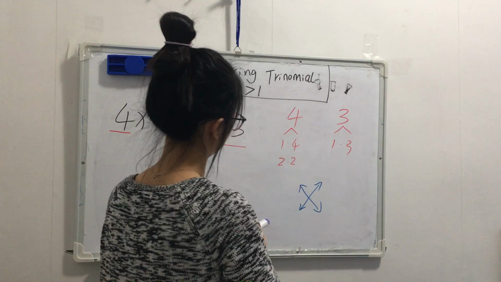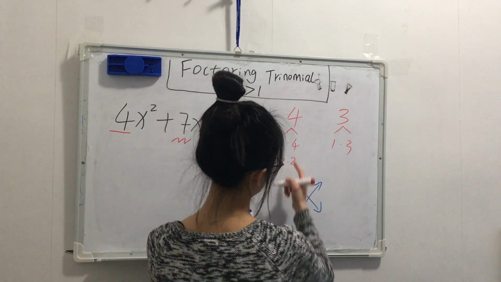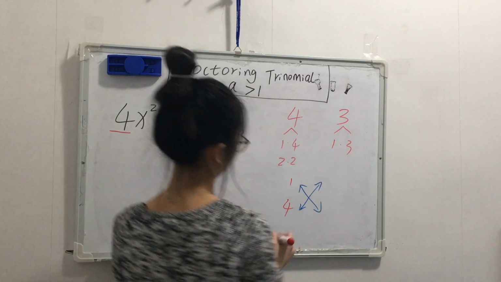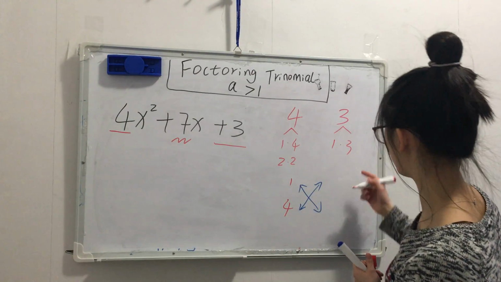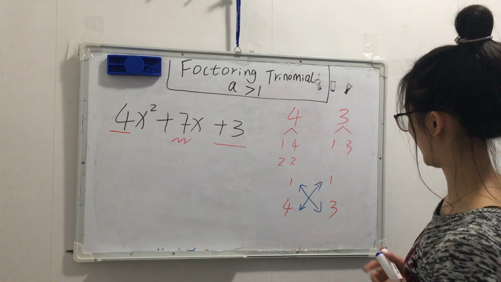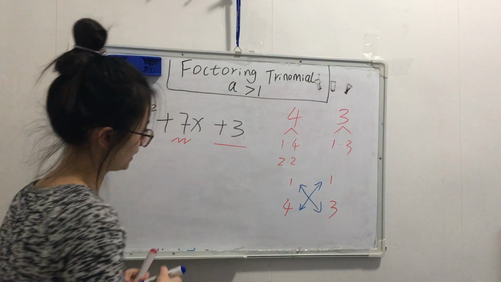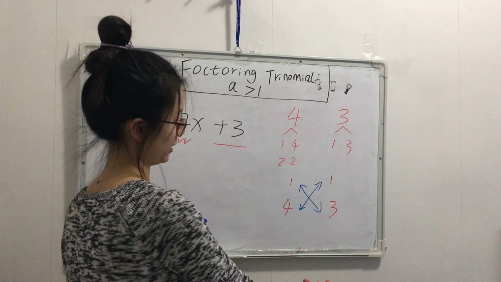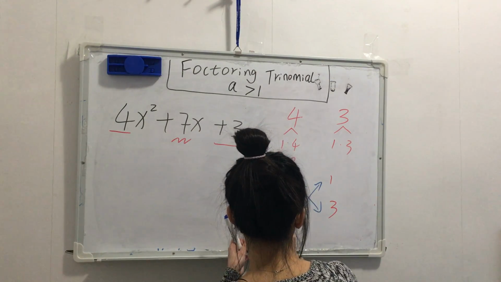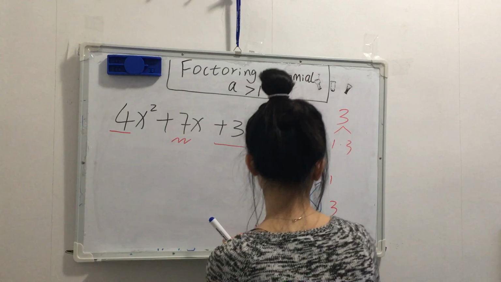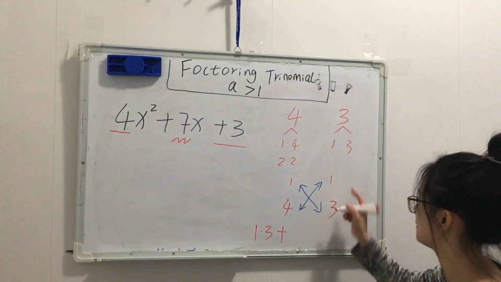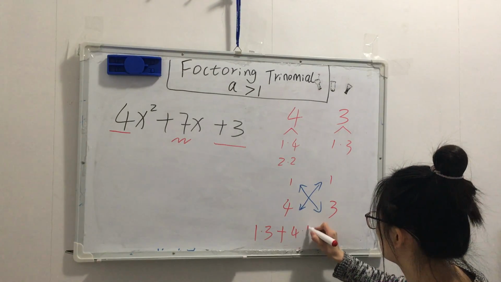For this one, for example, we try 1 and 4, and this is 1 and 3. Then we cross multiply. So 1 times 3 plus 4 times 1.